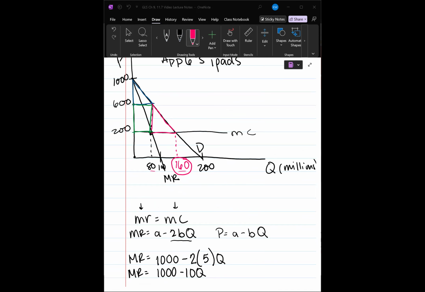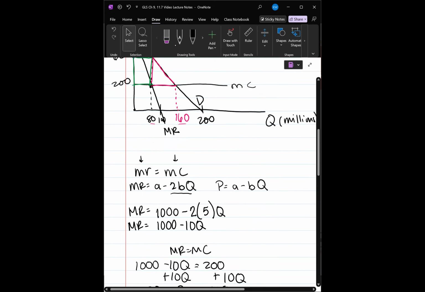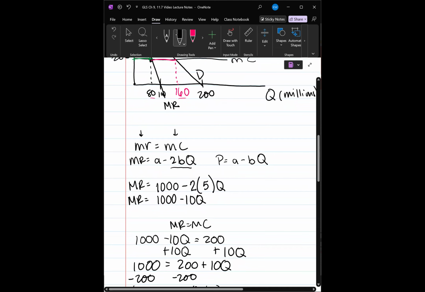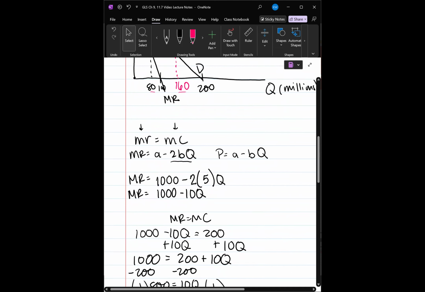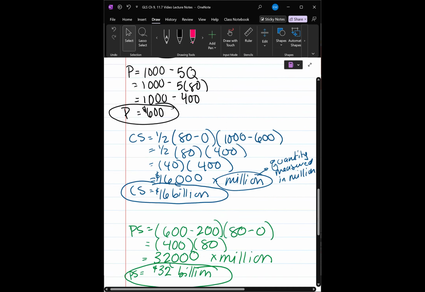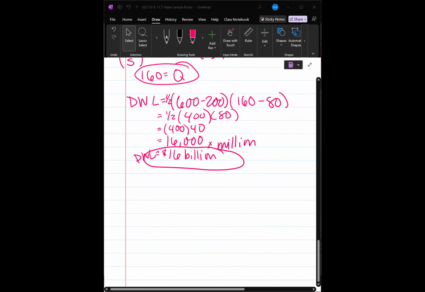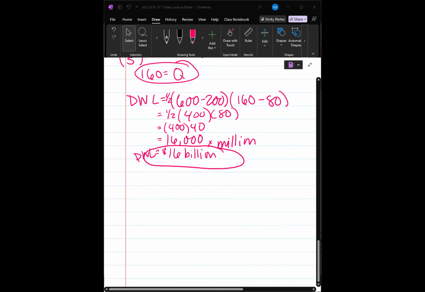So just knowing those relationships, you could find the values that way, or you could follow the same process as we did before, set price equal to marginal cost, find output of 160, and then substitute for that output in the firm's demand equation, and you would get a price of $200, okay? If you're able to remember those relationships, however, it makes it a lot easier to make that jump between the two types of markets than having to do all that math again.